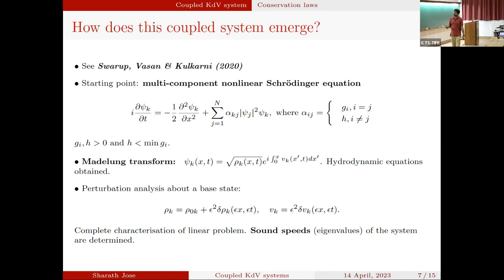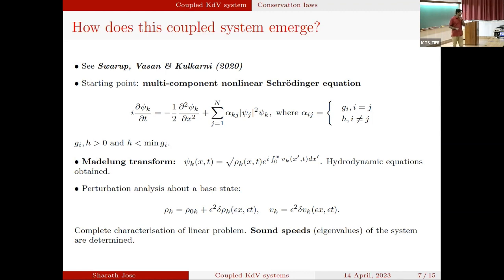Where we move from the wave function to a set of variables, density rho k and velocity vk. Then what is done is a perturbation analysis about a base state. With this kind of an approach, we can do a complete characterization of the linear problem.